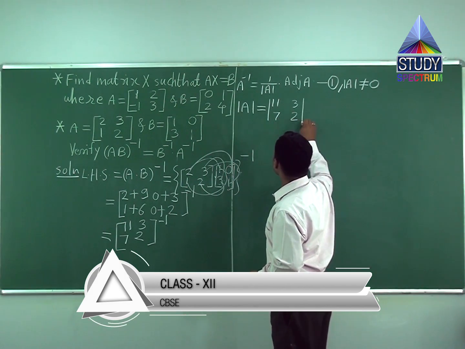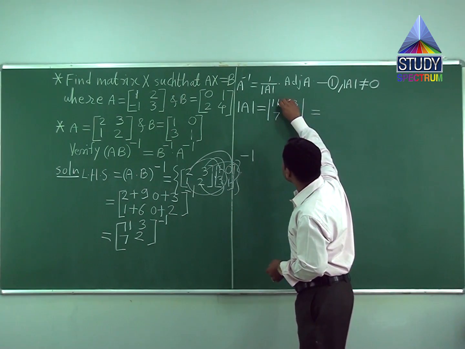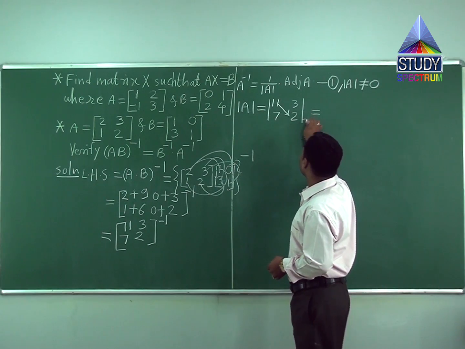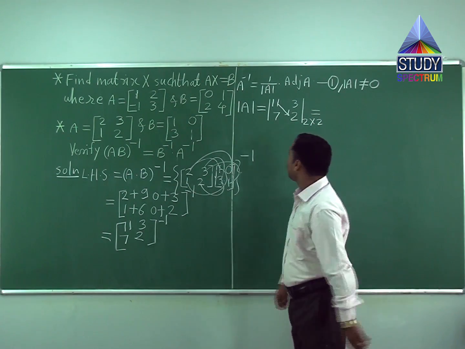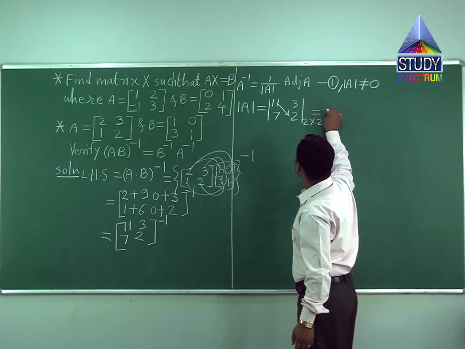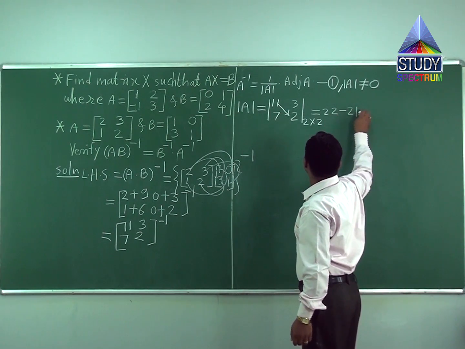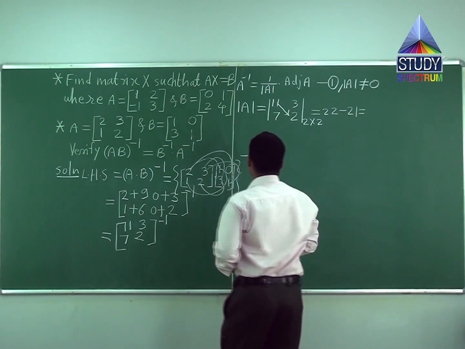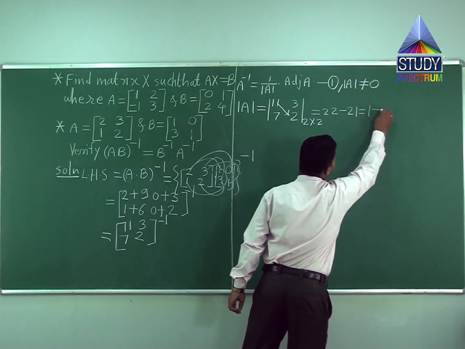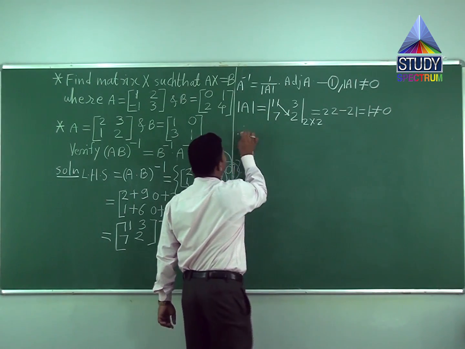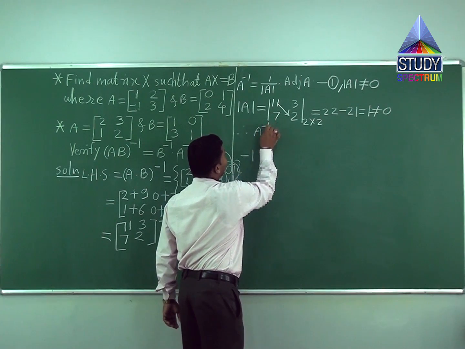This is a 2 by 2, second order determinant, so we take cross multiplication. 11 into 2, 22, minus 3 into 7, 21, equals 1, and this is not equal to 0. Therefore A inverse exists, and the inverse of this matrix exists.